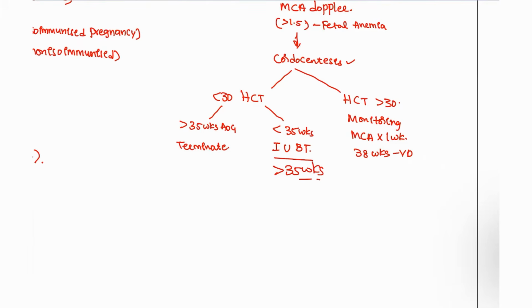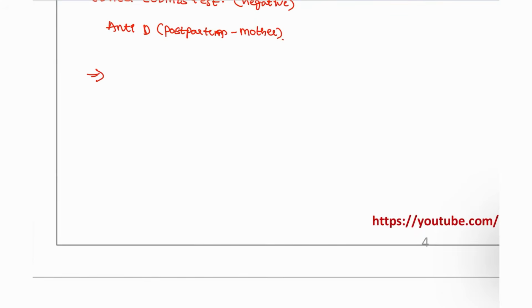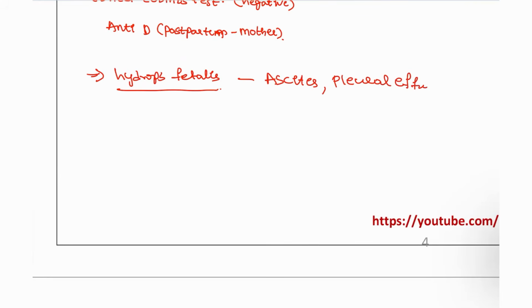What is the complication that we see with this patient? Likely to be hydrops fetalis, right? Hydrops fetalis is the syndrome that will be associated with Rh negative pregnancy. And the first criterion for hydrops fetalis is that you are going to see ascites in the baby, pleural effusion, and pericardial effusion.